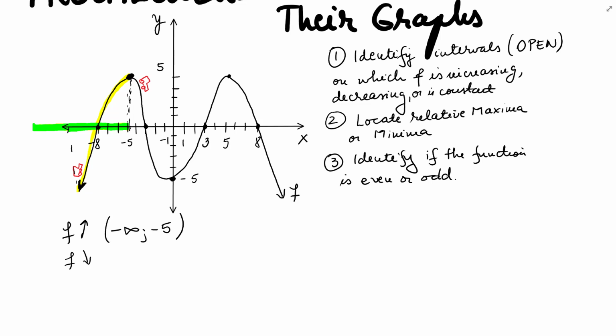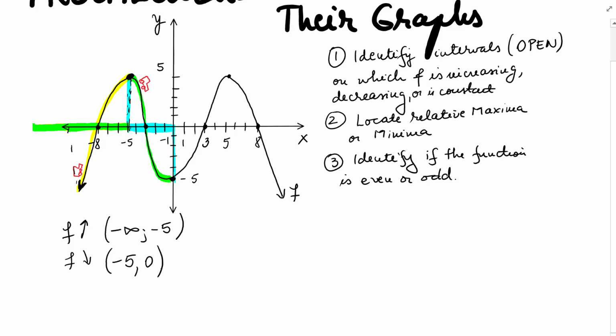Now, next, the function is decreasing, so it's coming down here. On what interval is that happening? The x values where that is happening are from here to here, so the x values are from -5 to 0.